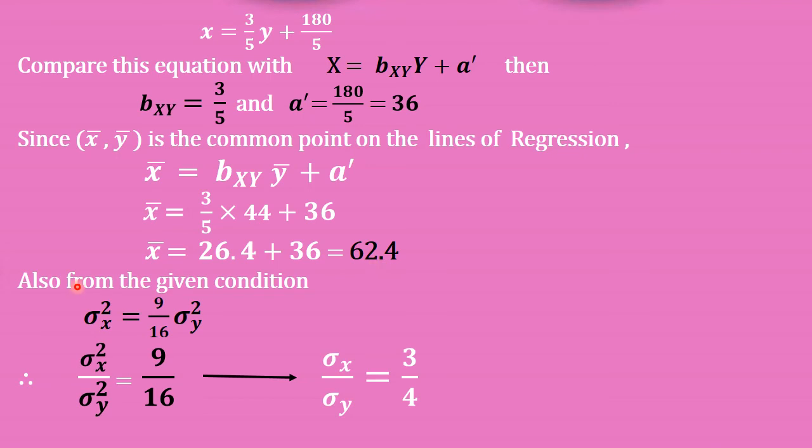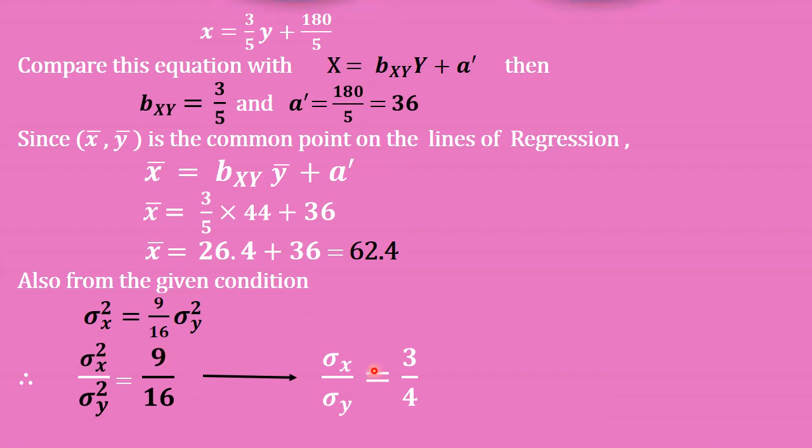Also, from the given condition, sigma x square is equal to 9 upon 16 into sigma y square. Now, take this sigma y square to the LHS, that is sigma x square upon sigma y square is equal to 9 upon 16, and we can take the square root on both sides. We will get sigma x upon sigma y is equal to 3 upon 4, taking only the positive square root.